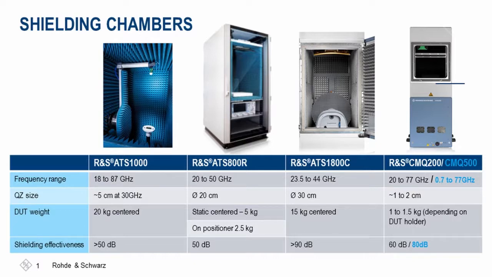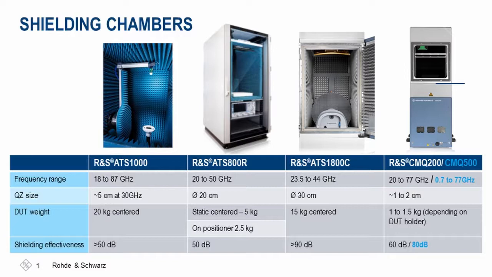So thereby you have a bigger quiet zone now. With 800R you can have up to 20 centimeter quiet zone, 1800C you can have up to 30 centimeter quiet zone, and the 1800C can now take 15 kgs of DUT weight, much suitable for all kinds of small cells, and then it also offers the highest shielding effectiveness of more than 90 dB.